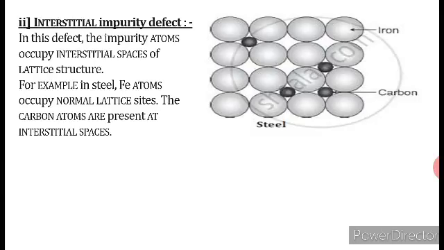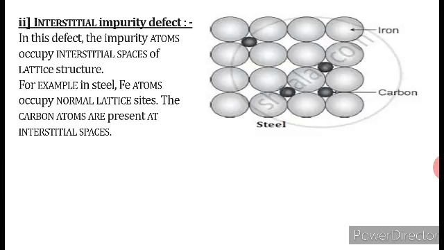So in this way, due to the presence of small-size impurity atoms, this interstitial impurity defect is produced. It will also generate different physical and chemical properties in the crystal lattice. Clear? So the second category of defect is impurity defect: substitutional impurity defect, then the second one, interstitial impurity defect.